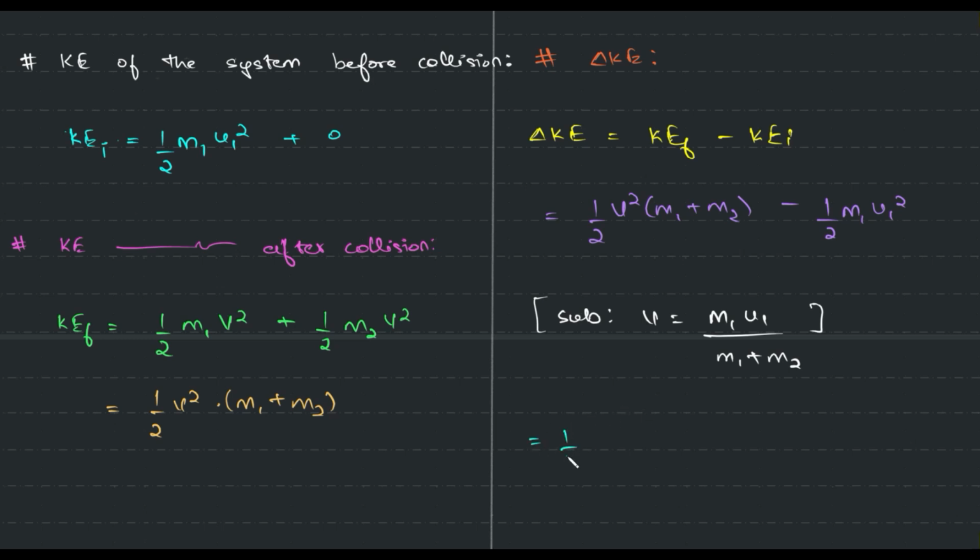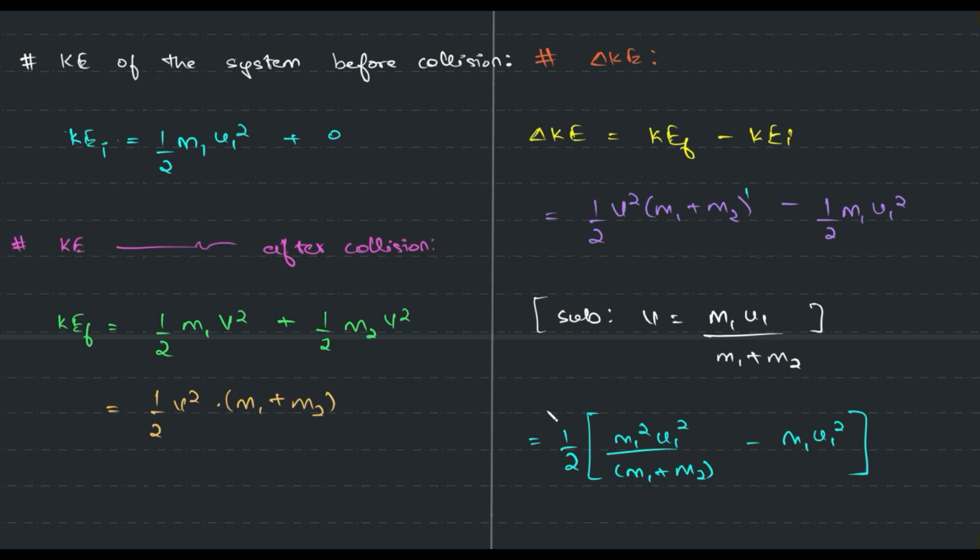So this will be half is common. Then m1 square u1 square divided by m1 plus m2. Right? The power over here is 1 and the denominator is square, so this will be left out. And we have m1 u1 square.